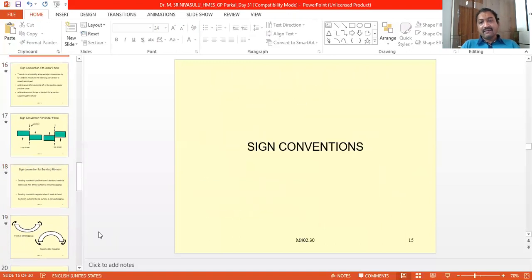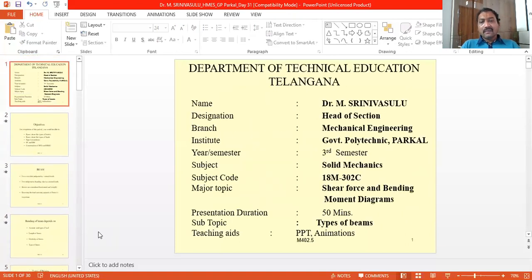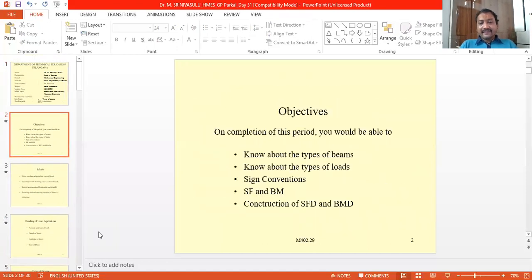And here, coming to the summary. In this class we have discussed the beams. We have defined the beams, loads, and we discussed the types of beams: the cantilever beam, simply supported beam, continuous beam, overhanging beam, fixed beam.